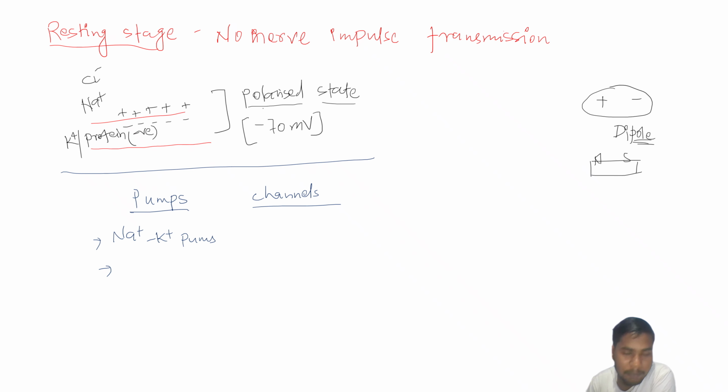For the activity of these sodium and potassium pumps, it requires an input of energy, which is in the form of ATP. When the sodium potassium pumps work, they require energy input in the form of ATP, and that input of energy drives the pump for its action.